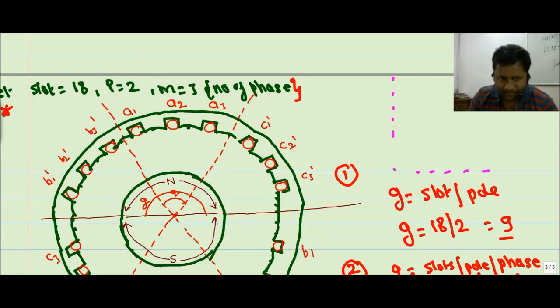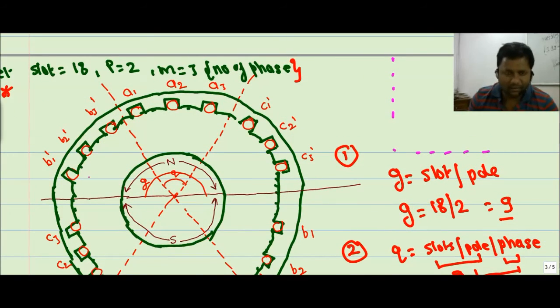Let us consider it in this fashion. If we make an angle like this, this is called the slot pitch. This gamma is called the slot pitch.